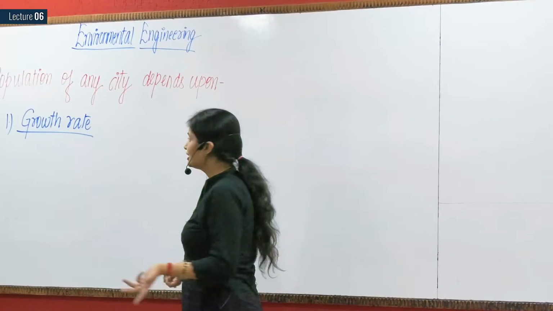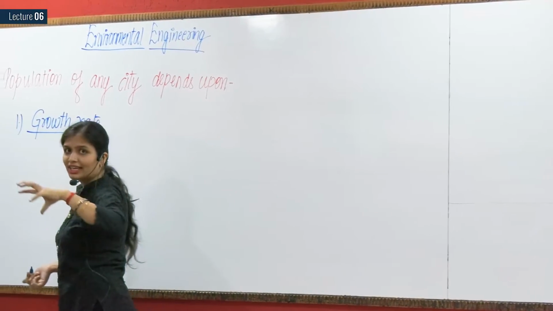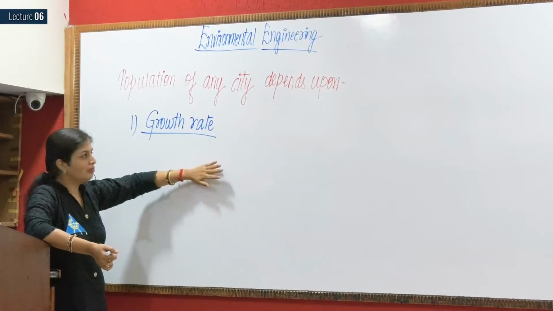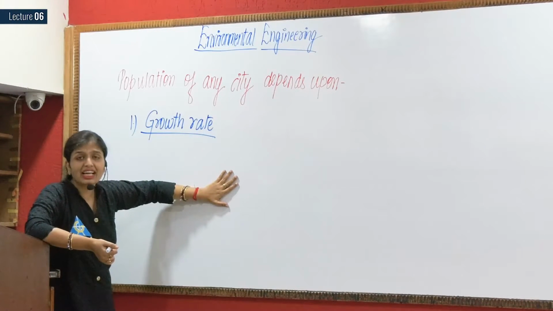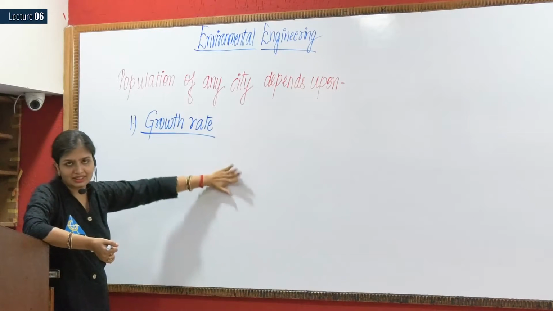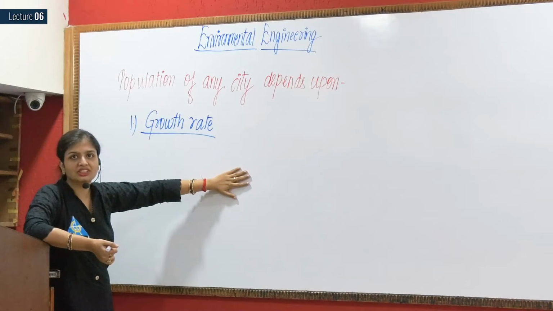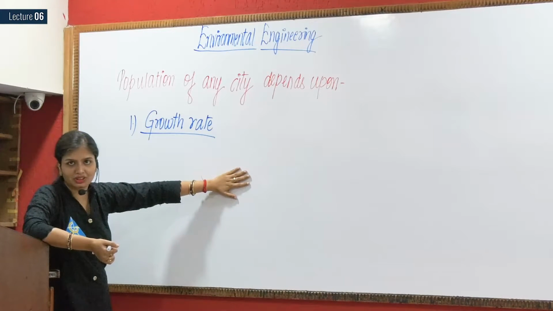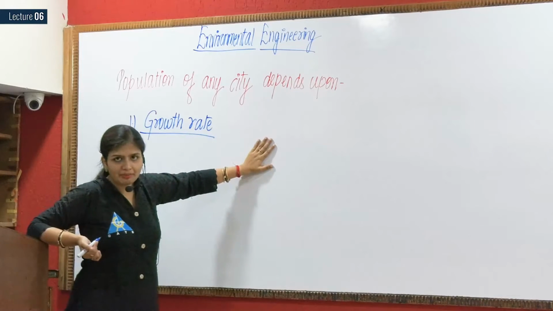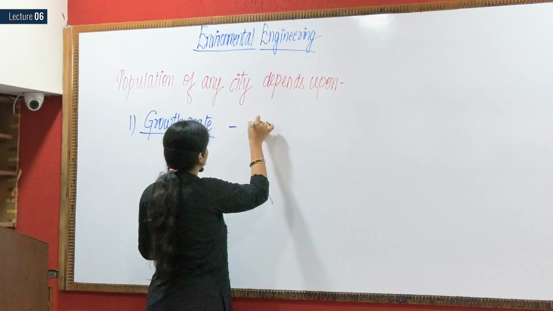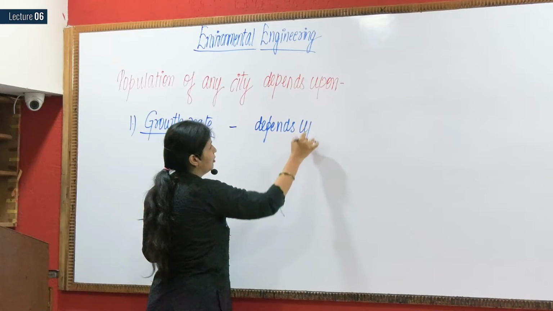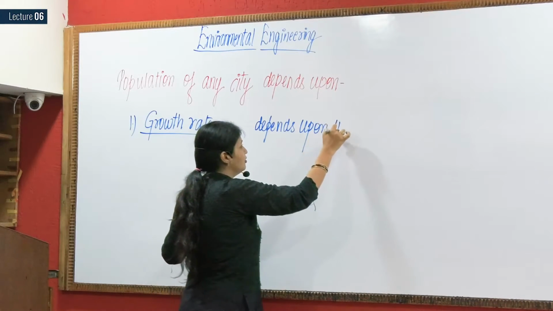So growth rate is telling you the type of city. The population is increasing, but the rate at which it is increasing is less. The rate of growth of population is decreasing with the increase in population, right? So growth rate depends upon the type of city.